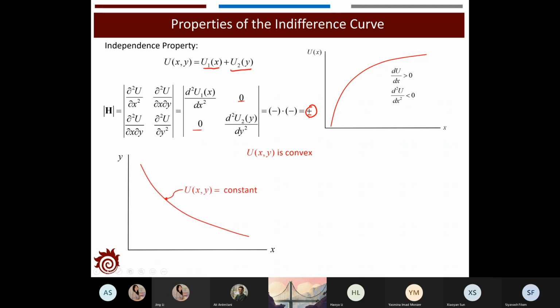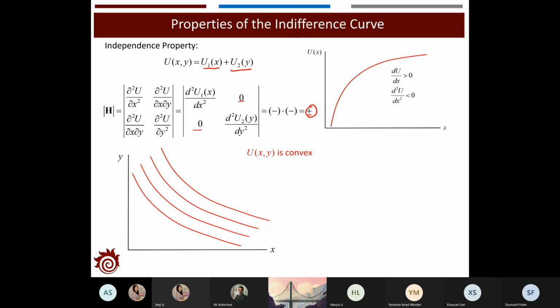So this is the general u(x,y) function, and if u(x,y) is a constant, then you will have this convex curve, and along this curve, the value of u will be the same. And of course, you can find multiple indifference curves with different utility values.